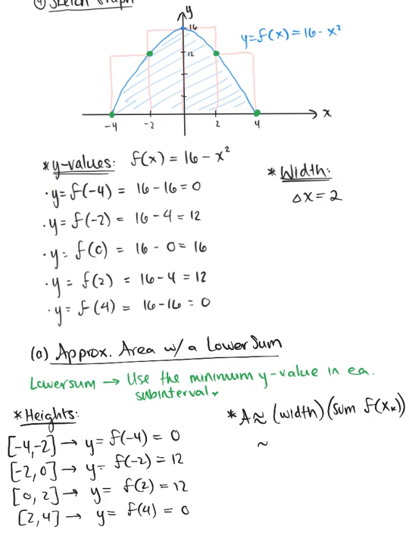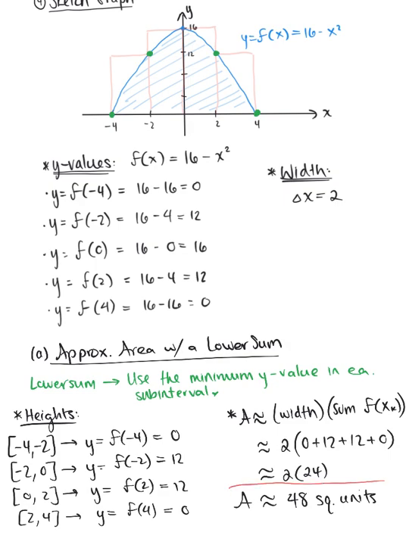So this will be approximately equal to a width of 2 multiplied by the sum of our heights here, 0 plus 12 plus 12 plus 0. And so that's approximately equal to 2 times 24. So the area using a lower sum is approximately equal to 48 square units. And so this is our final answer here for part A.